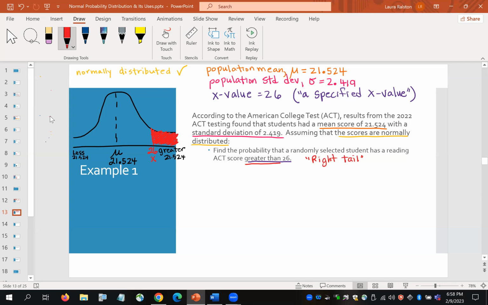Now, I don't have to have the picture to solve the problem, but I'm trying to let you see or visualize what is going on. So I'm now ready to take this information that I've gathered from the problem. Everything I need has been given to me. And I'm going out to Minitab.